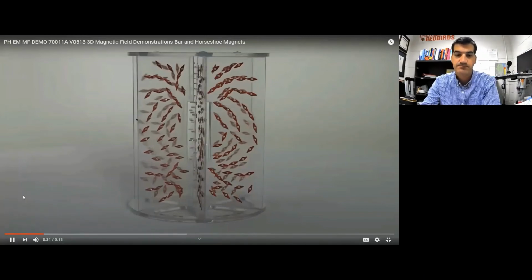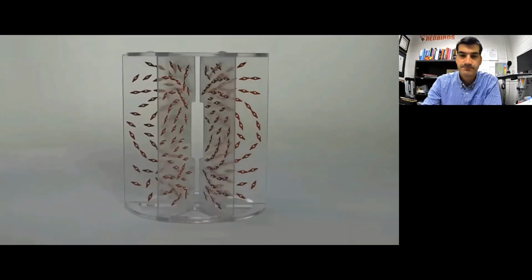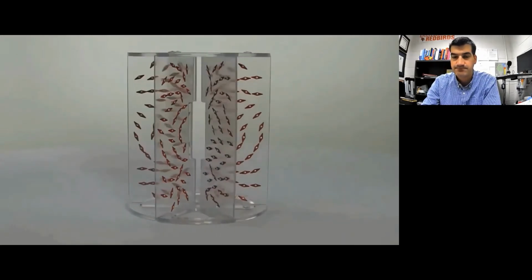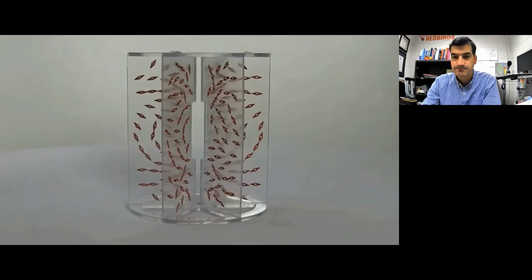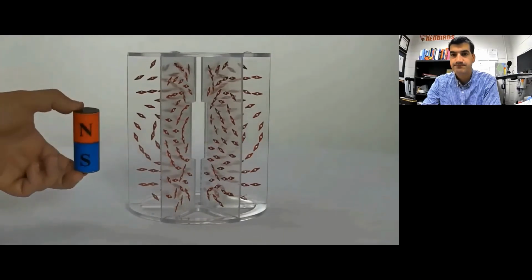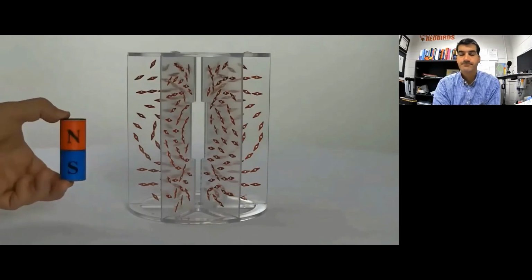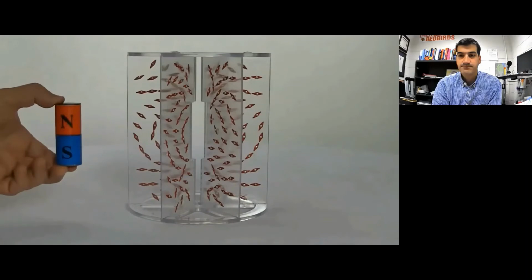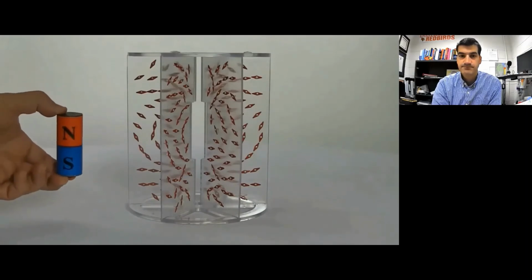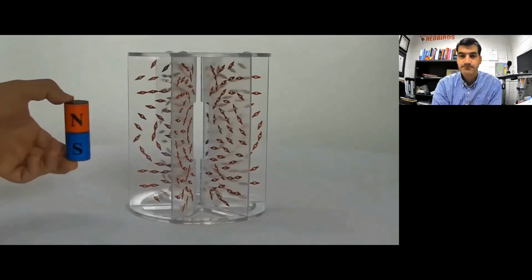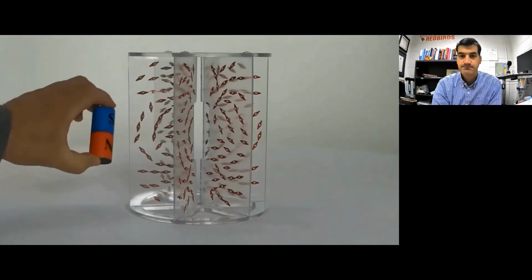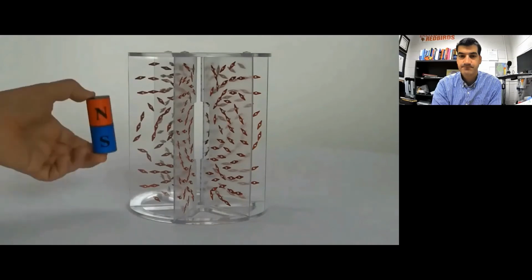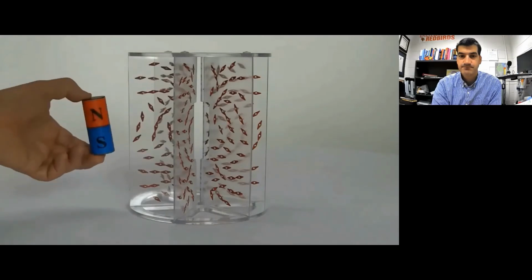So we have around 270 little compasses attached to the field demonstrator. Now if we look at a bar magnet, this is a cylindrical bar magnet. You don't see too much. It's got a north and a south pole, but you don't see the magnetic field at all. But if you bring it up near the magnetic field demonstrator, you'll see that the little compass needles align themselves with the magnetic field lines.